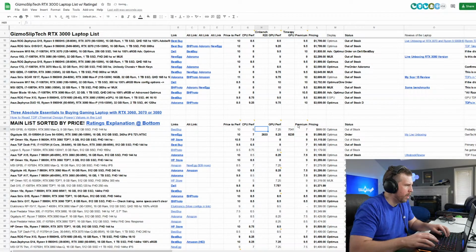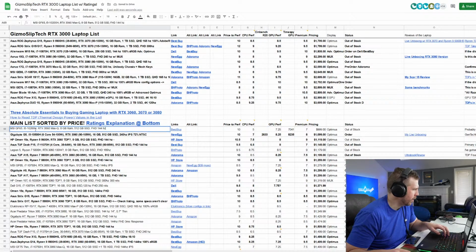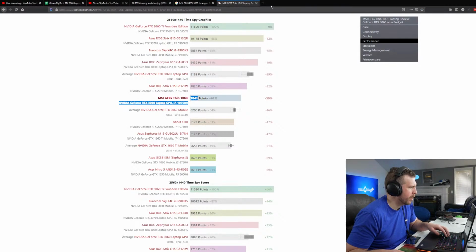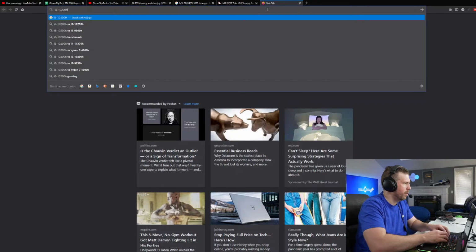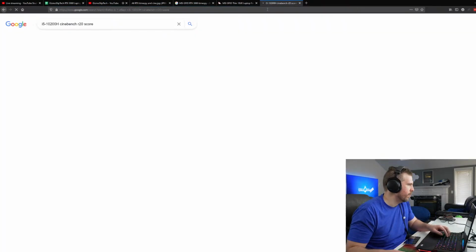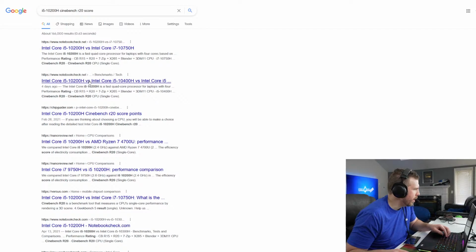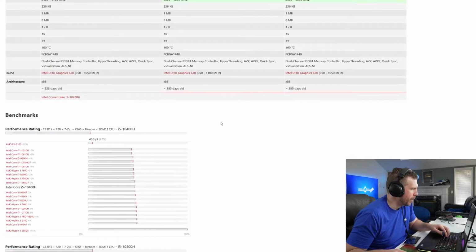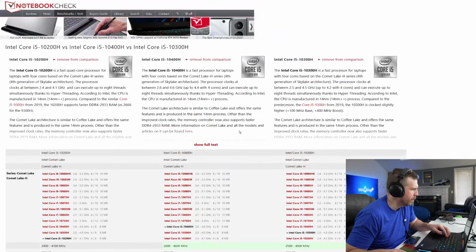I think we just got to look up this processor and see if we can find another laptop with that same processor, and maybe we'll be able to find a good score that'll at least give us a ballpark number.